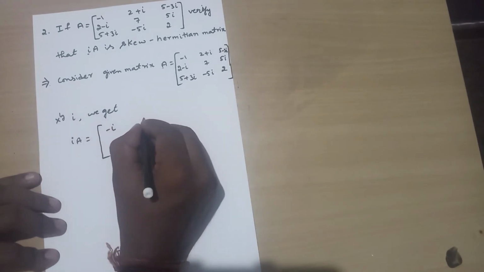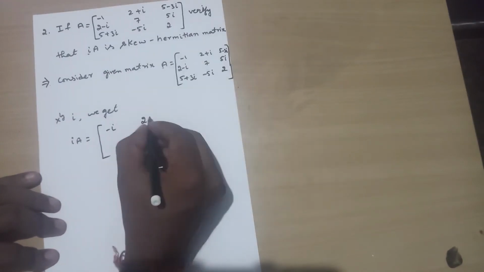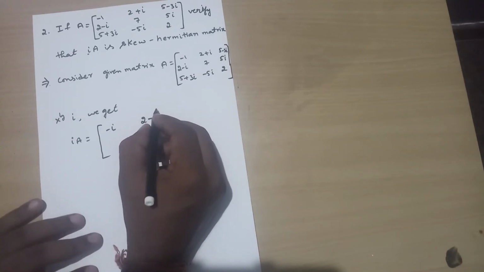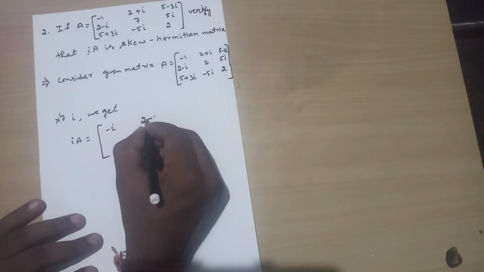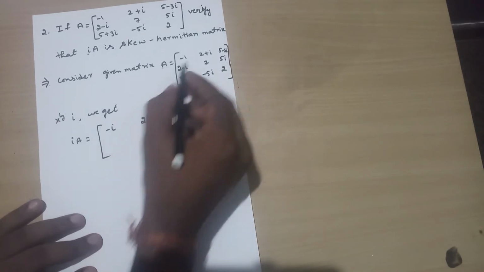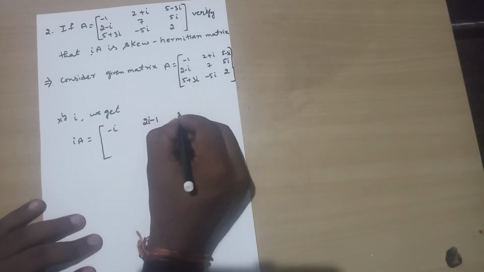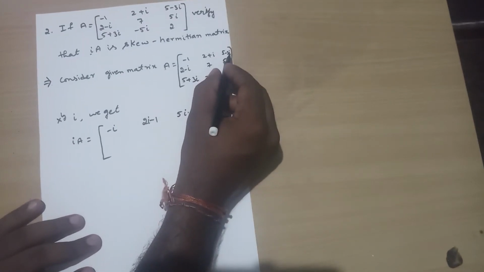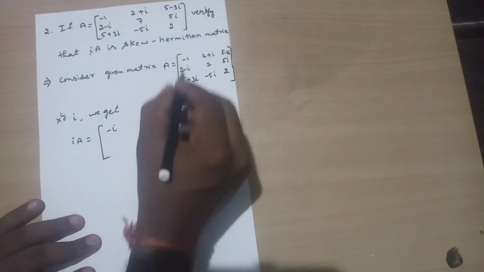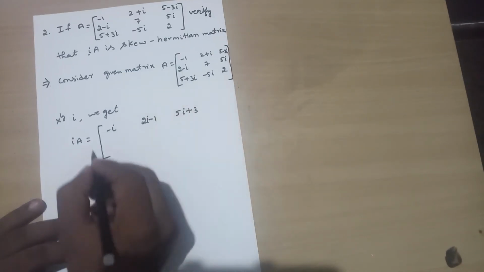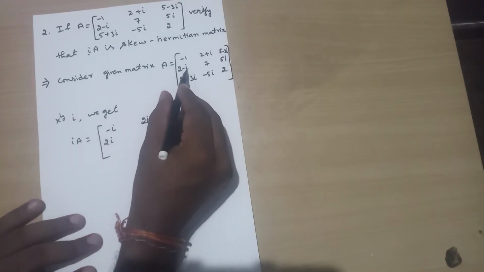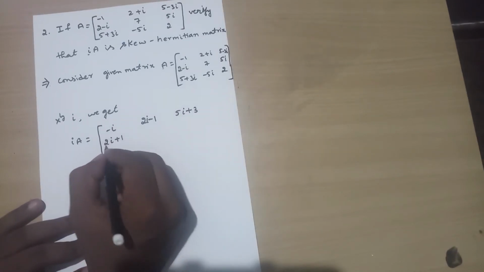Minus i. 2 i squared, here i squared means it is minus 1. So what do you get? 2i minus 1 we get, and here 5i, here i squared means it is minus 1. So what do you get here? Minus into minus, plus 3 we get, and here 2i, i squared means minus 1. So we'll get 2i plus 1.